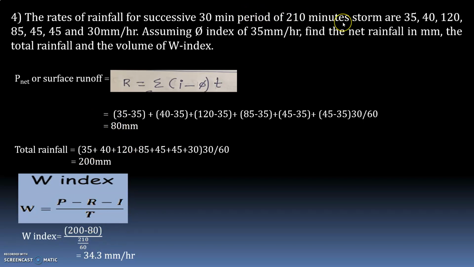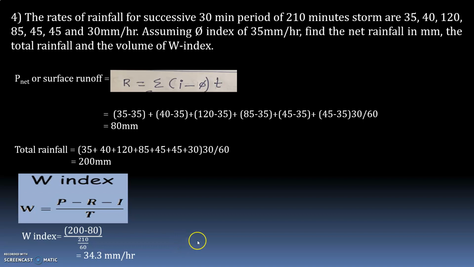Total period is 210 minutes. So convert into hour, 210 divided by 60. So when you simplify this, you will get 34.3 mm per hour. So the answer is W index is 34.3 mm per hour.